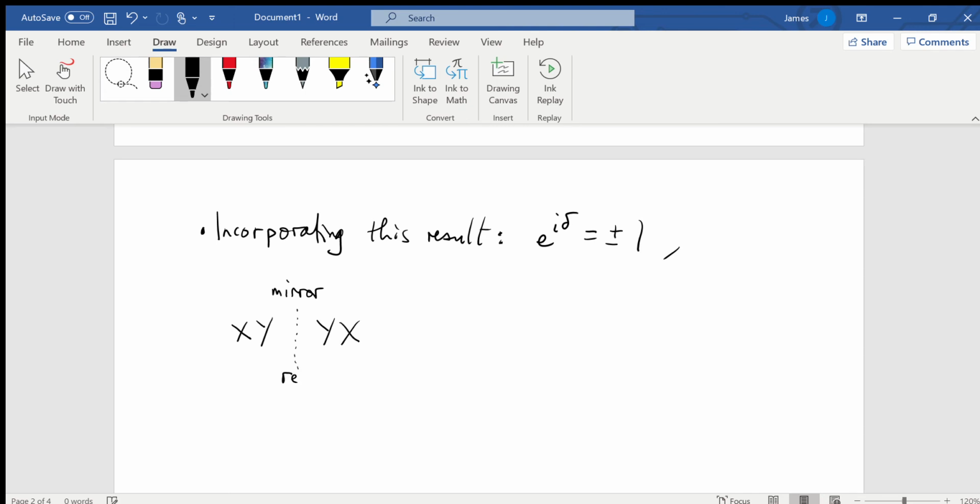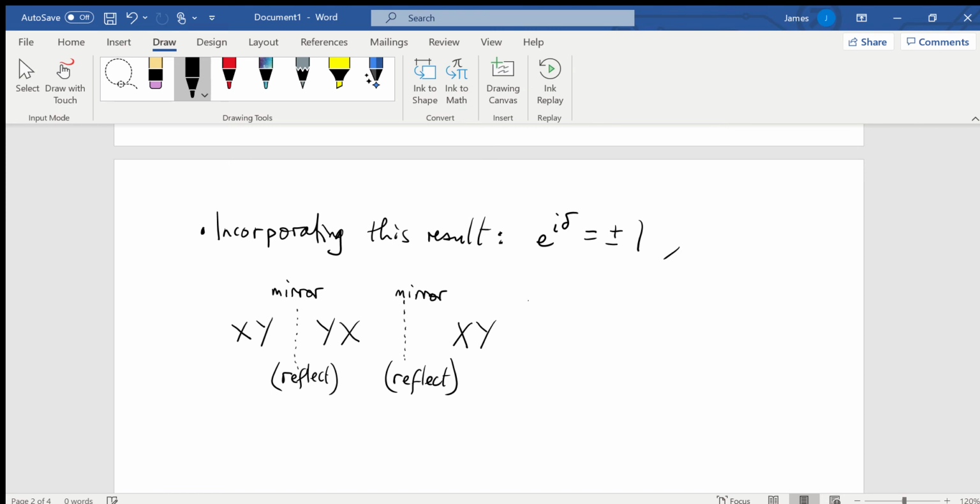This is our active reflect. Let's do it again. Another mirror. Let's say that that is a second active reflect. And if it did, it would give us xy again.